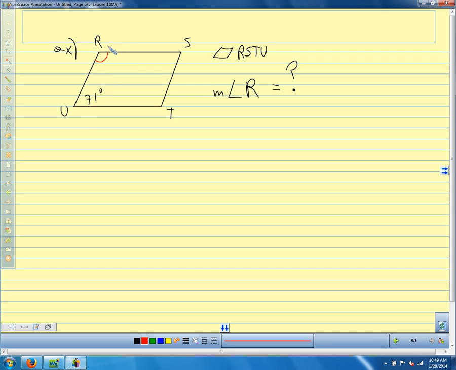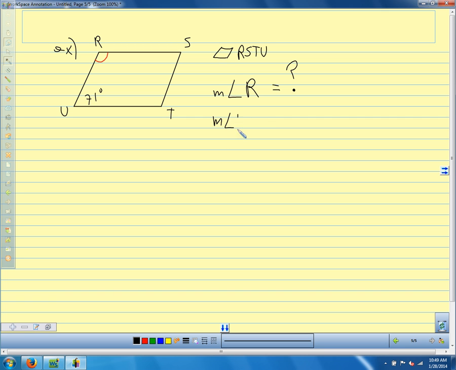So we have two angles along the same side of a parallelogram. What do we know about, and we call those consecutive angles. What do we know about consecutive angles of a parallelogram? They're supplementary. Opposite angles would be congruent. Consecutive angles, two in a row, are supplementary. So how do we find the measure of angle R if we know this is 71 degrees? Subtract from 180.